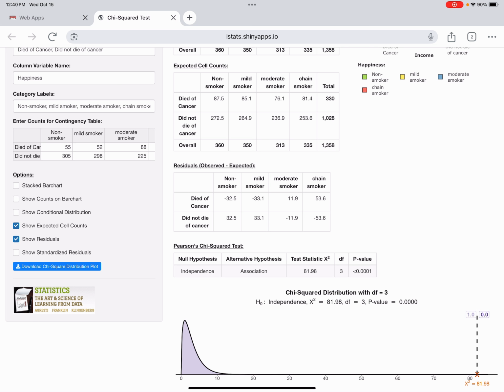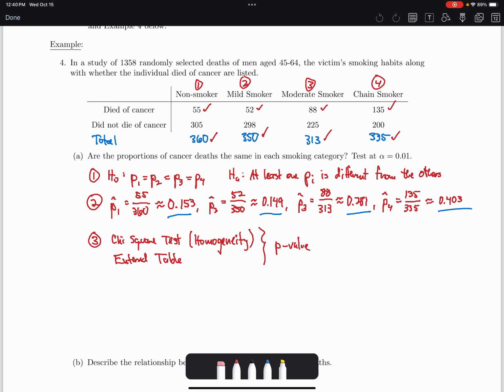And that's enough for us to reject the null hypothesis easily, right? 0.0001 is less than 0.01, so reject.